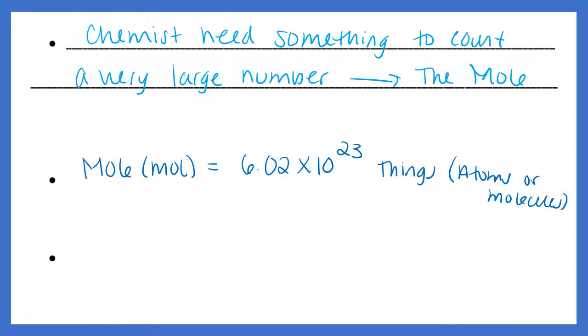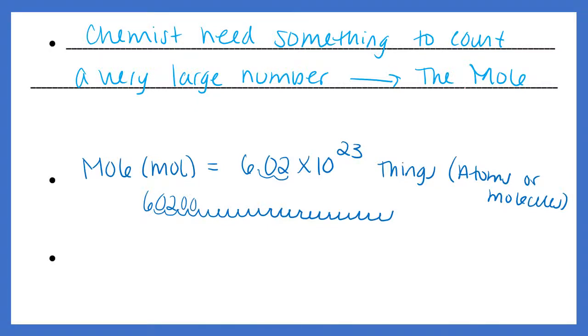But 6.02 times 10 to the 23rd, that's 6, 0, 2, then 1, 2, 3, 4, 5, 6, 7, 8, 9, 10, 11, 12, 13, 14, 15, 16, 17, 18, 19, 20, 21, 22, 23.